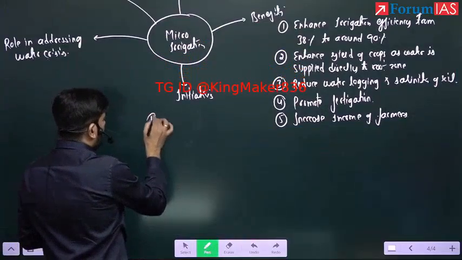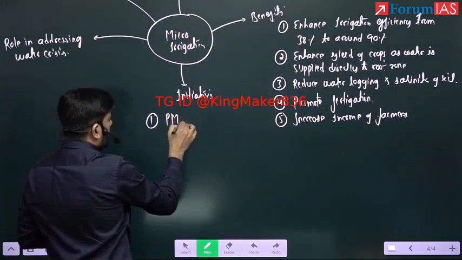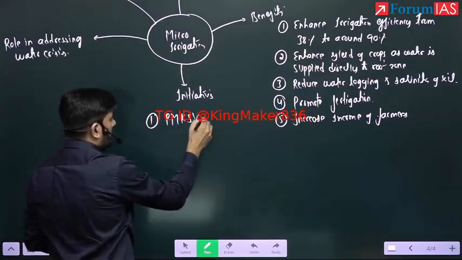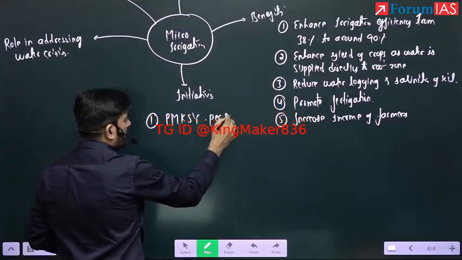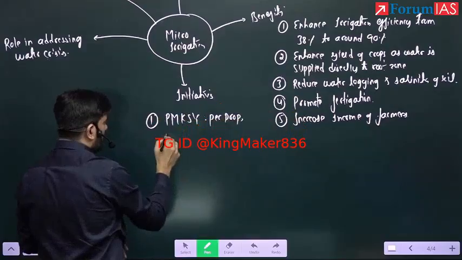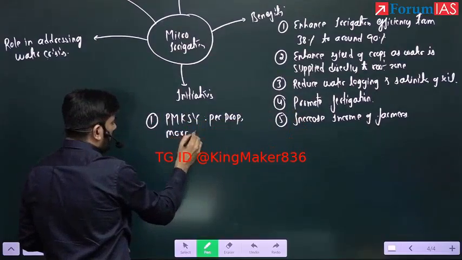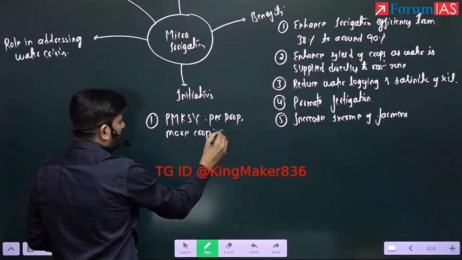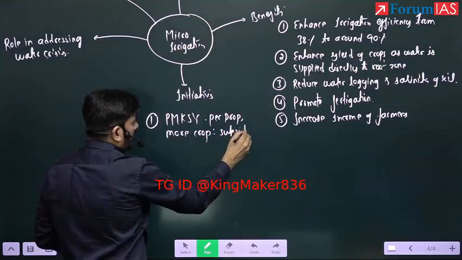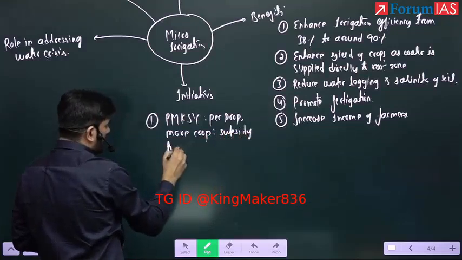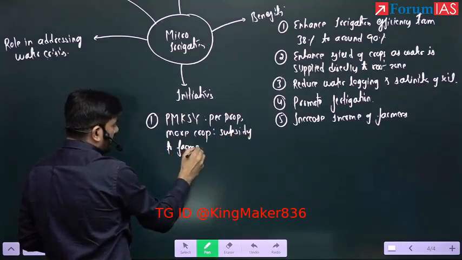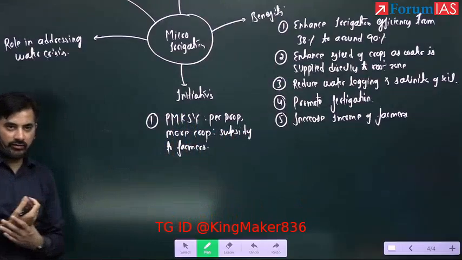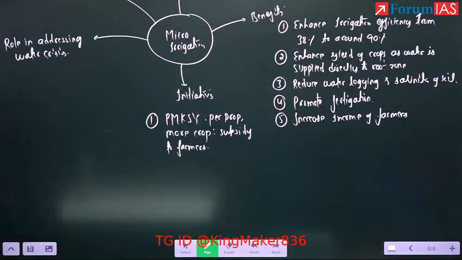The biggest initiative we already covered, it is Pradhan Mantri Krishi Sinchai Yojana, under which we have a scheme called as per drop more crop. Under this, we are giving subsidy to the farmers for adoption of micro irrigation.